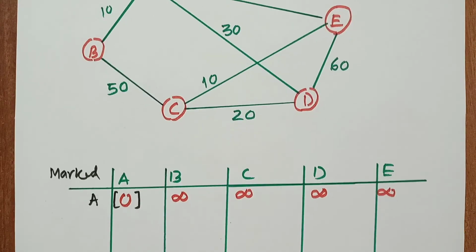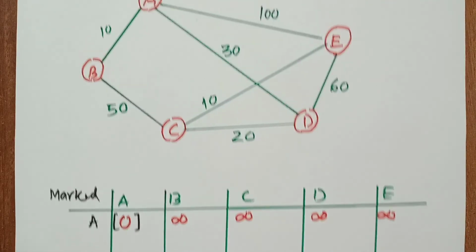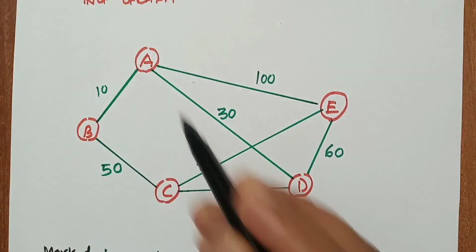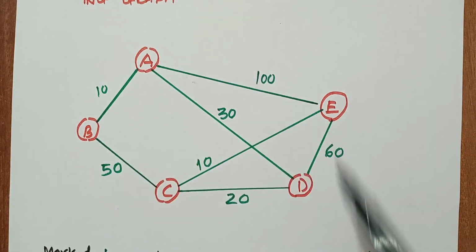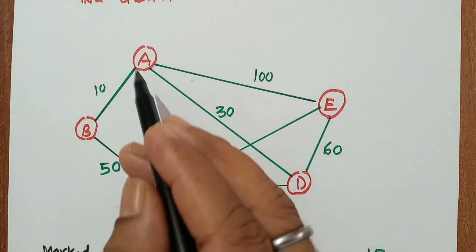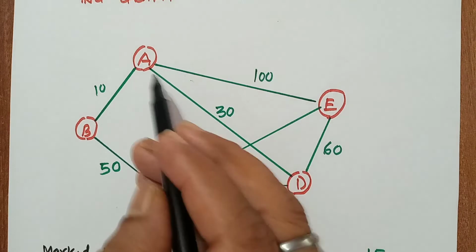Now next step, you concentrate on A, means how many vertices direct connected to A. So here B and D and E. Okay, so because this is first step and here 0, so no need to use formula. So we will write below B 10, below D 30, below E 100.